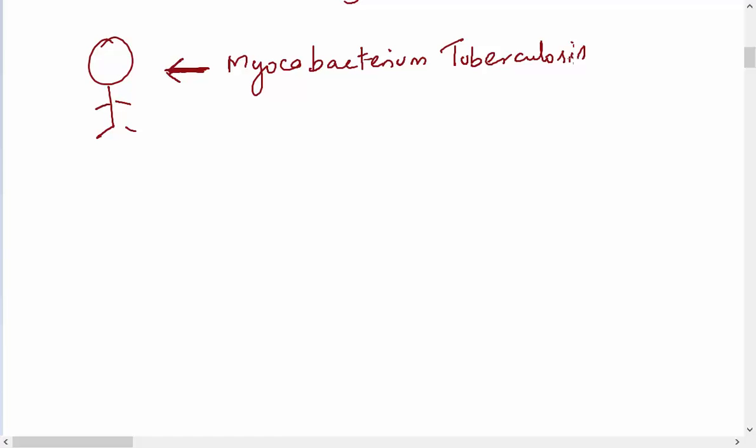They will try to destroy the mycobacterium and heal that area. Whether it is a child or mostly it happens in the child, if tuberculosis enters the body for the first time, it is called primary complex.